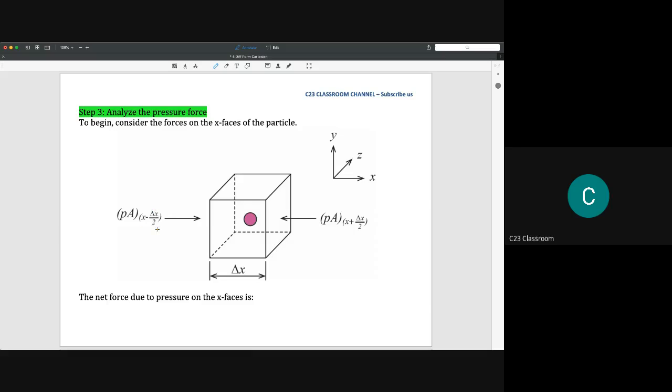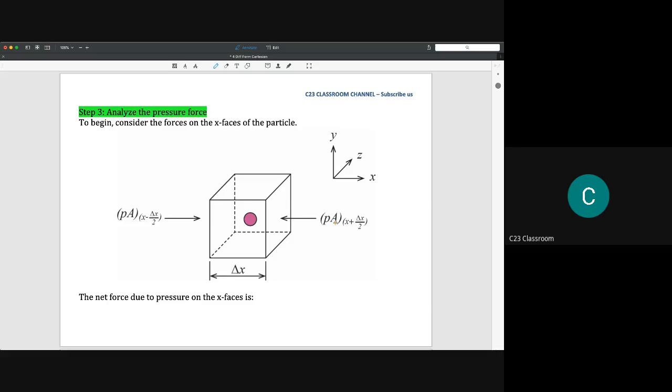So what is the meaning of this one? Let's say we have a value of x here, for example, this is the coordinate. Because we want to calculate the pressure at this point, we simplify it to this surface. The location of this surface is actually the coordinate of x minus delta x over 2.